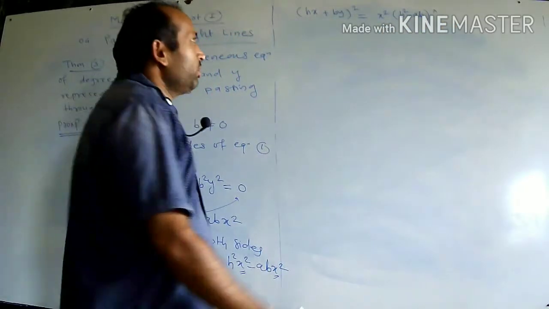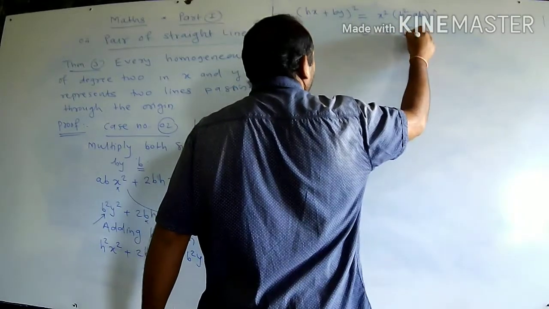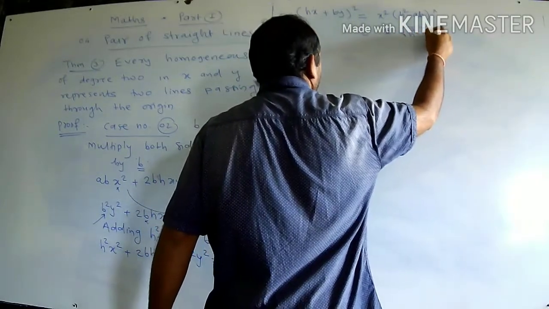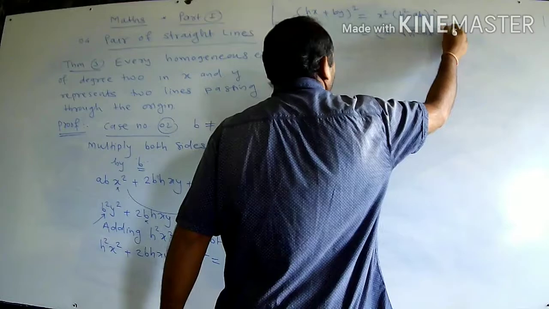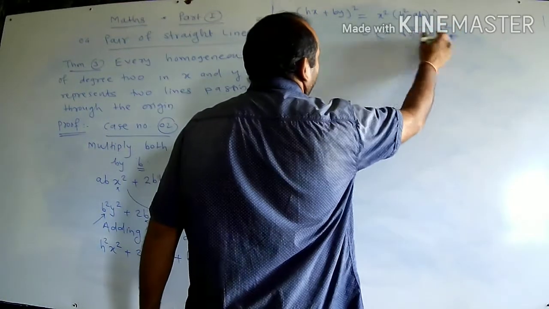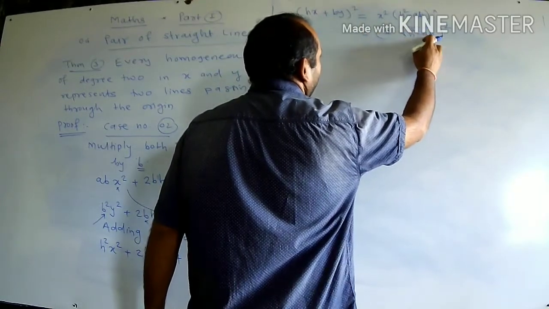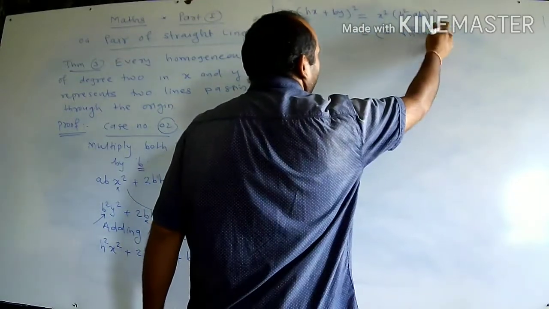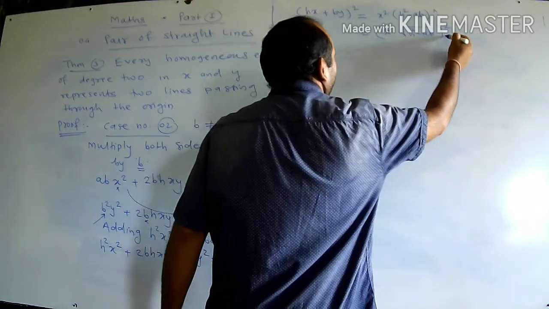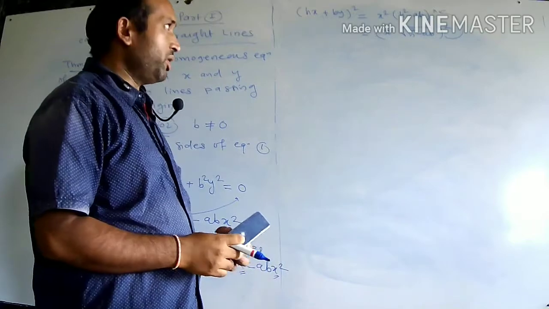Then again we can write this right side in square form also. So we can write here x into under root of x square minus ab bracket square. See this step, here x square, this side it is, then under root of x square minus ab bracket square, here the square root gets cancelled, again we get this previous step.